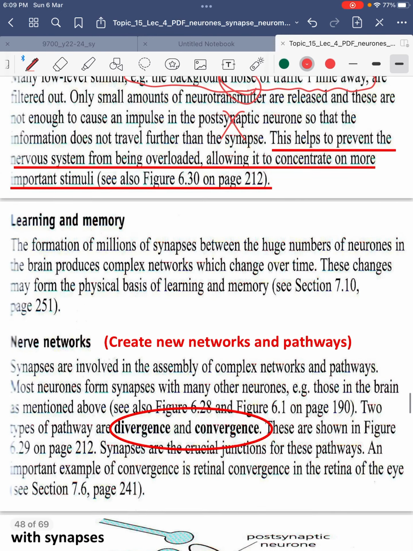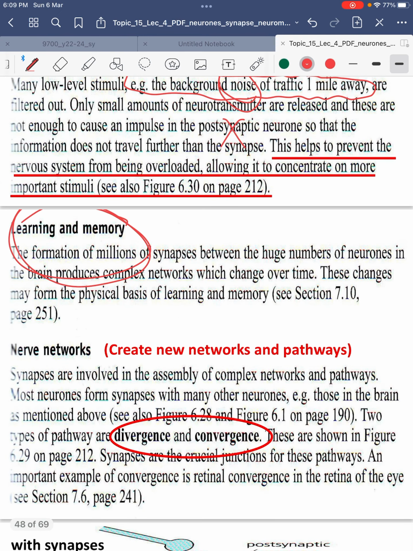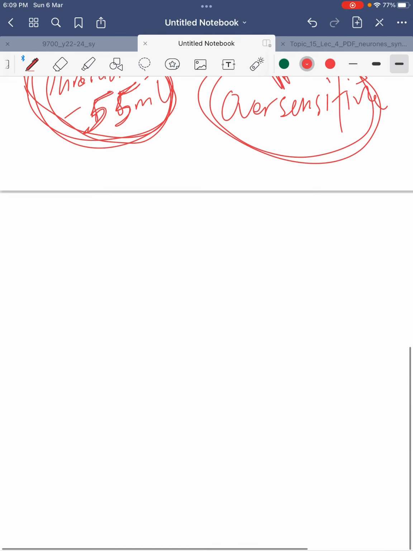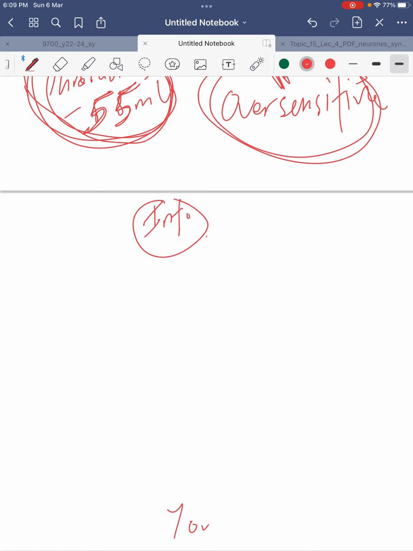And the next one is learning and memory, and this is very, very interesting. I already explained this to the previous student. Let's say you are trying to memorize certain information, and this is your brain.